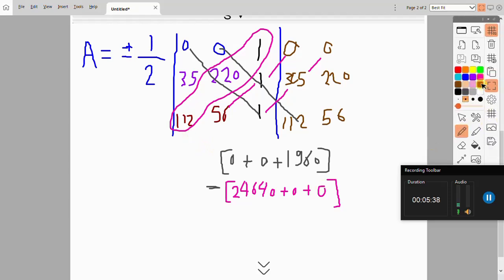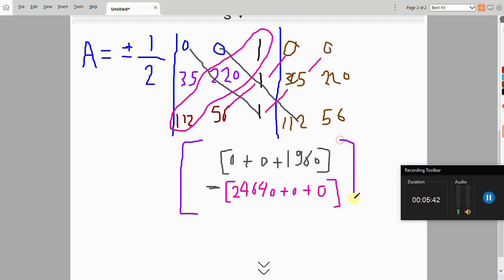And we have the positive and the negative half.